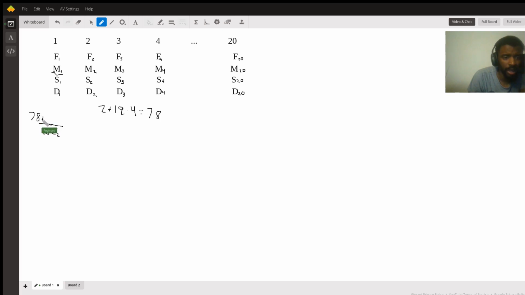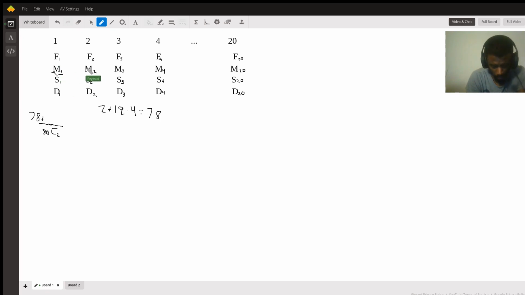Now let's look at this mother. Again, 1, 2. This mother cannot go with this daughter, but it could go with this daughter. So 1, 2, 3, 4, 5. I'm not going to include this M1 because it was already counted.